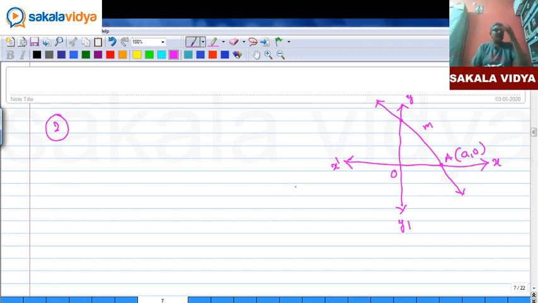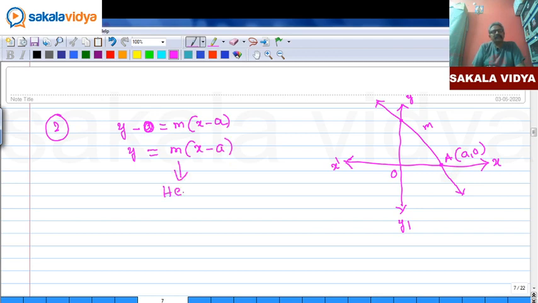Then what is the equation of the line? That is y minus y1, y minus 0 is equal to m into (x minus a). So y is equal to m of (x minus a). Here remember, a is the x intercept.